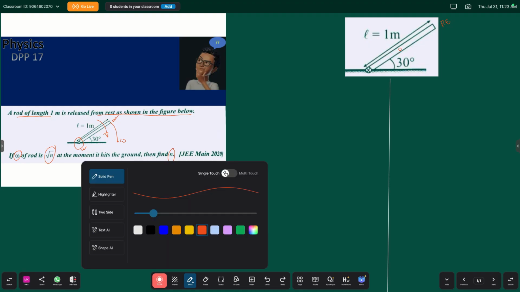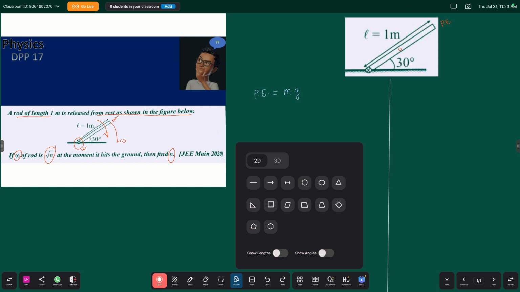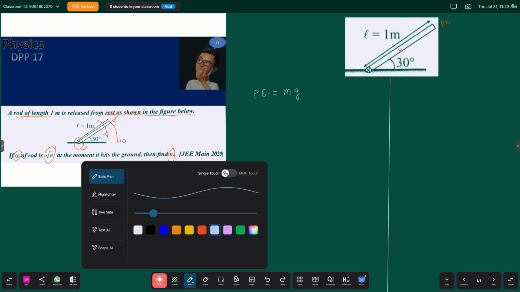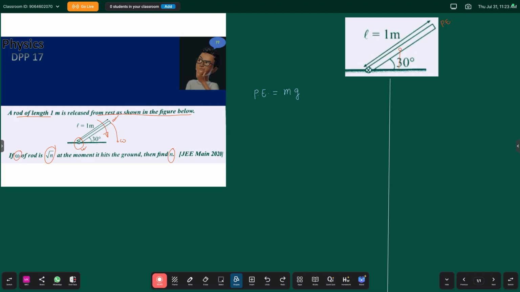We can write that mg and the height. What is the height? Height is this much.